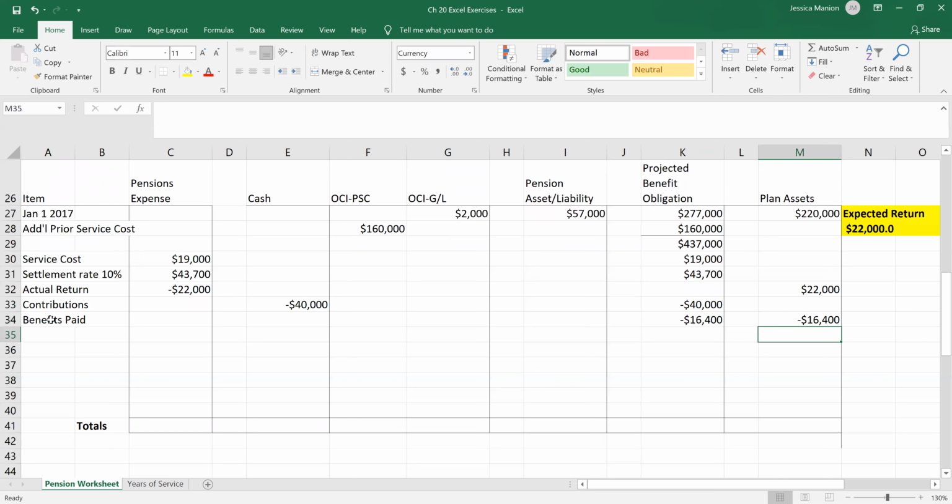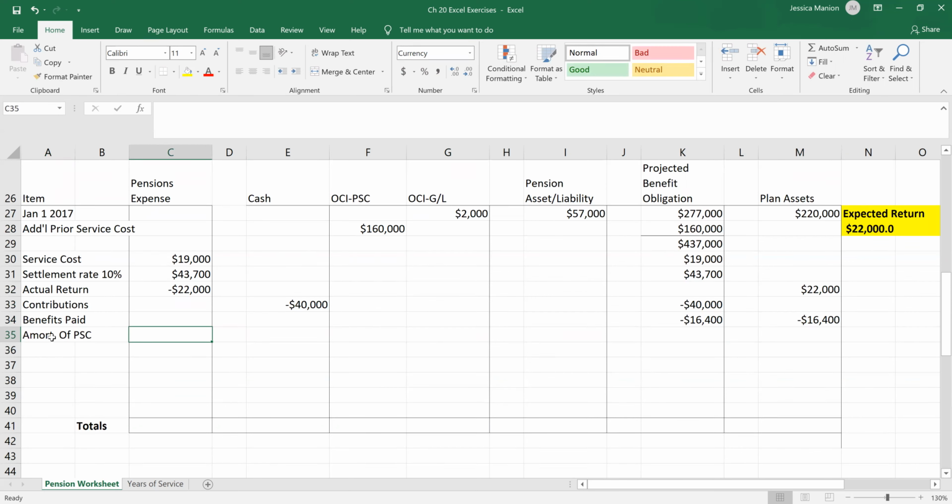We already dealt with that prior service cost. So then we have amortization of the prior service cost. Now this is the portion that we're expensing. Overall we've got this prior service cost of 160,000, but for this year, how much are we amortizing?